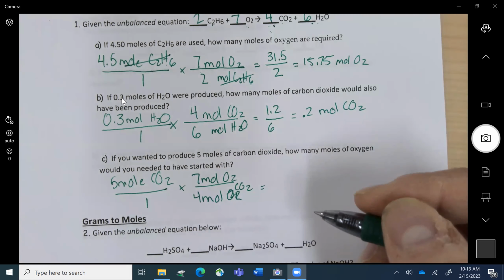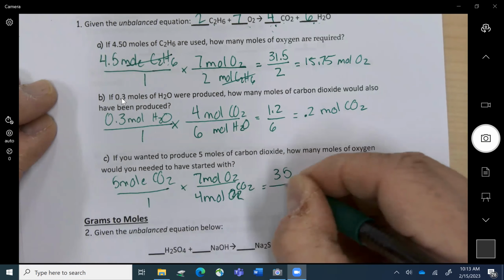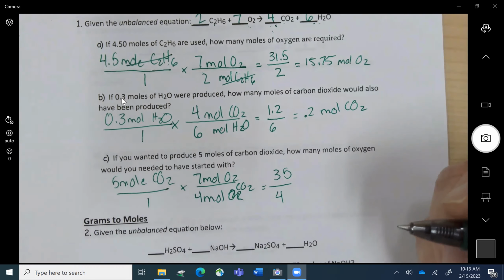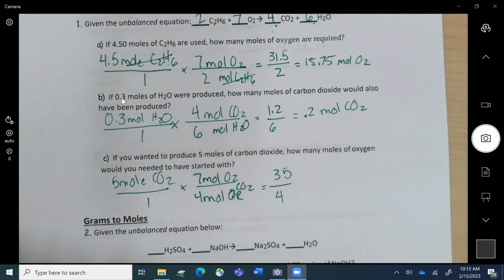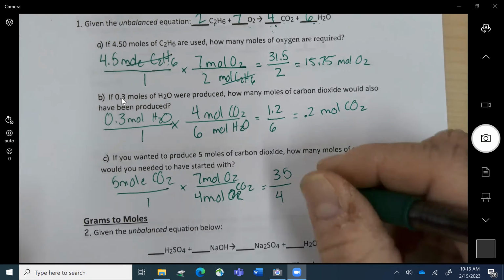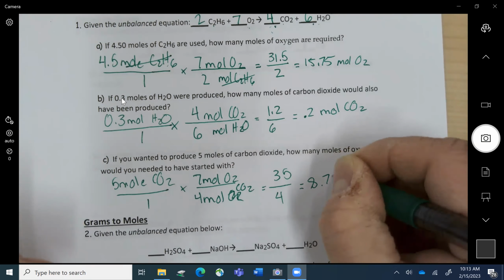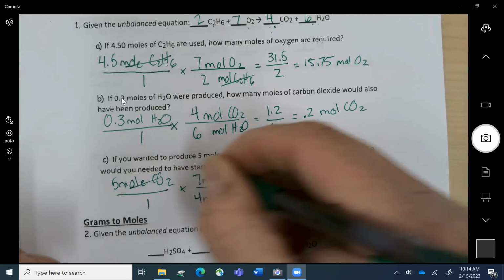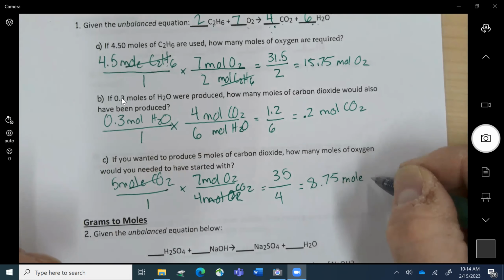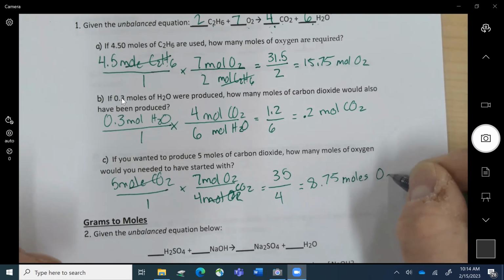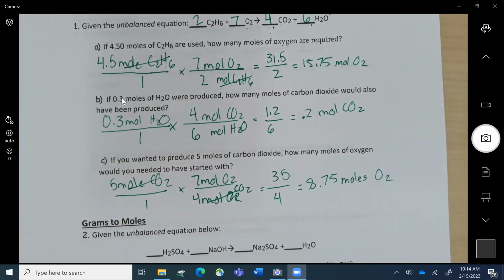Sorry, I got ahead of myself. So 35 divided by 4, 8 point something. 8.75 moles of O2 would be needed in order to get that.